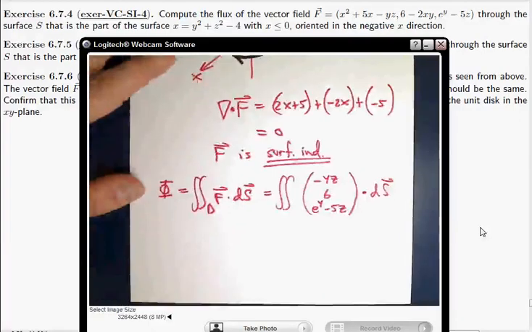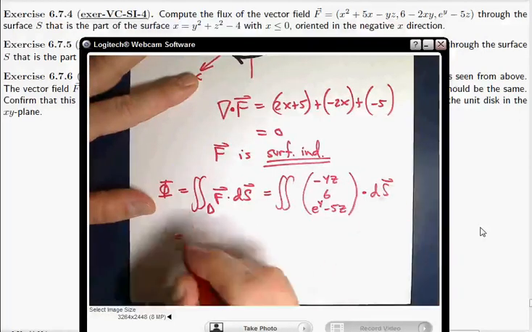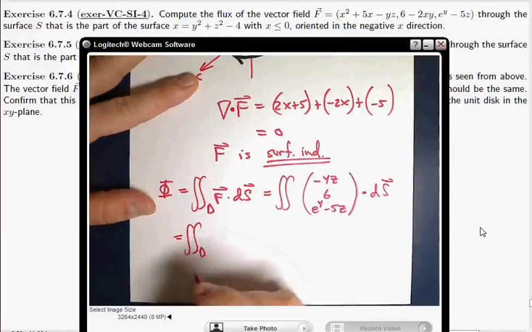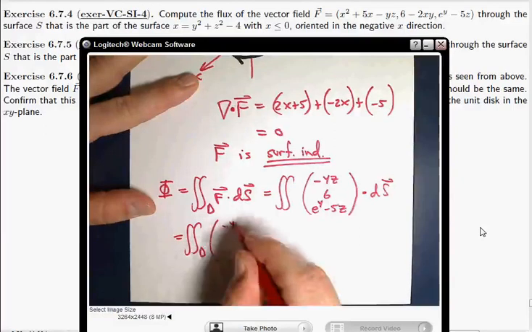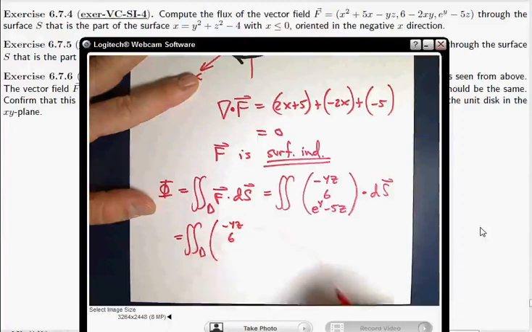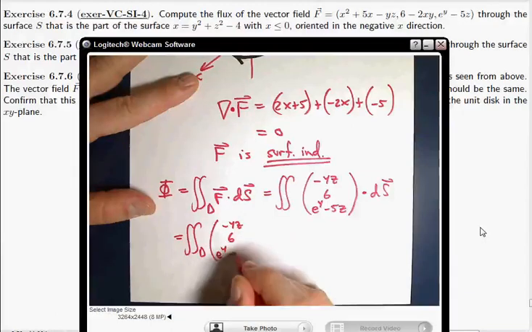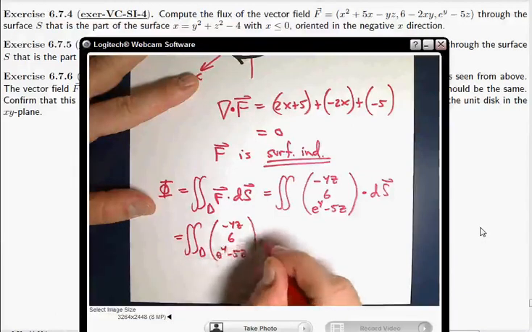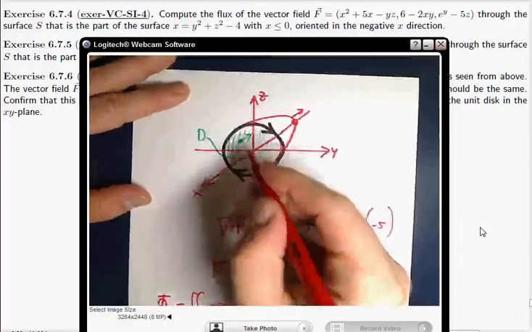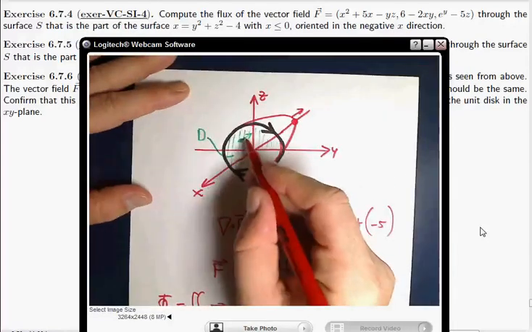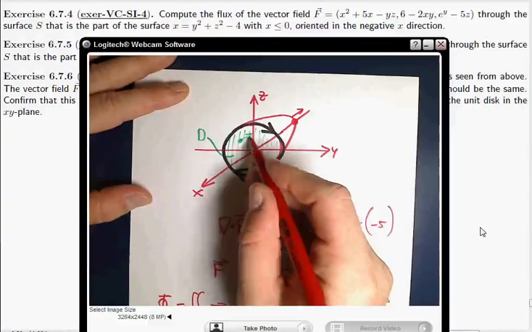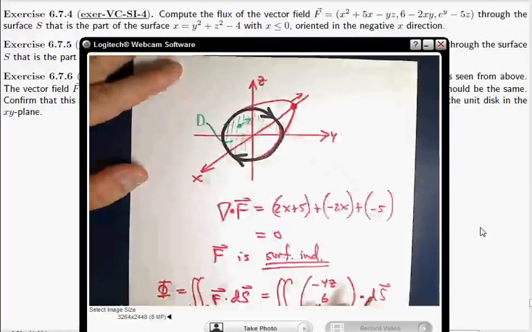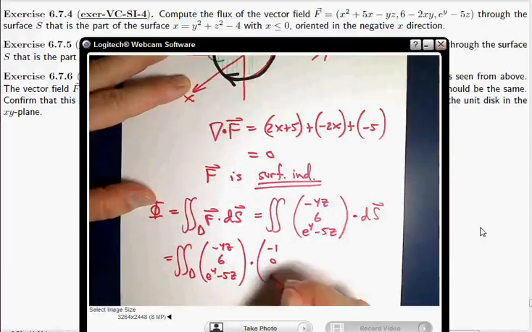More good news, though. I can rewrite what that dS vector is in terms of its unit normal vector. The unit normal vector is easy to write down because there it is. It's just pointing in the backwards x direction. It's backwards because of the orientation, so it's negative 1, 0, 0.